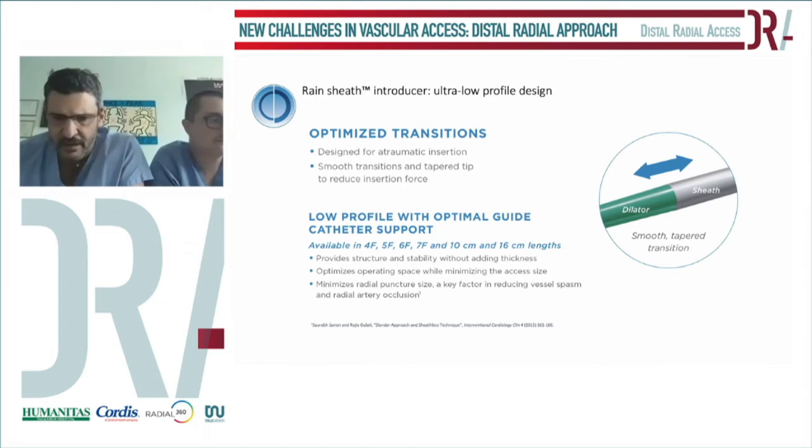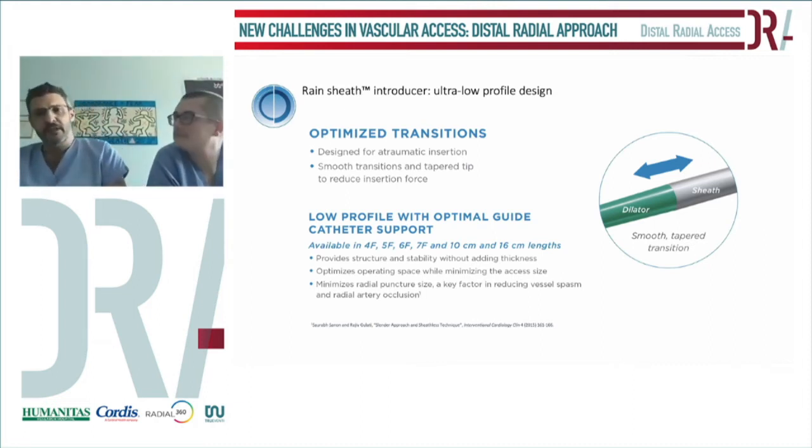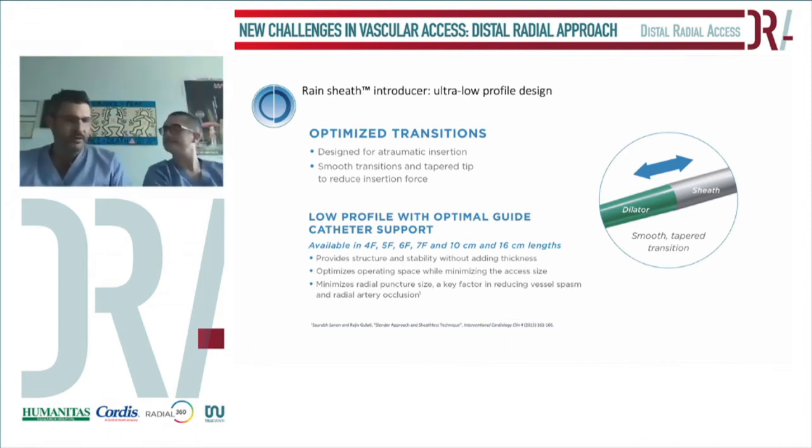I mean, just a few millimeters, I think, if I remember well, 5 millimeters are not hydrophilic. This prevents the inadvertent withdrawal of the sheath when you remove the guiding catheter. So it's more stable once you advance it in the artery. For this reason, it's more stable compared to the Glide Sheet Slender.